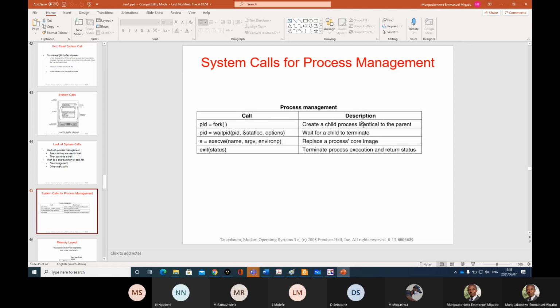The next type of call we have at process management level is waitpid, okay, which has to do with waiting for a child to terminate. I'll give a typical example of where that is very important. For example, let's look at printing as a user application.